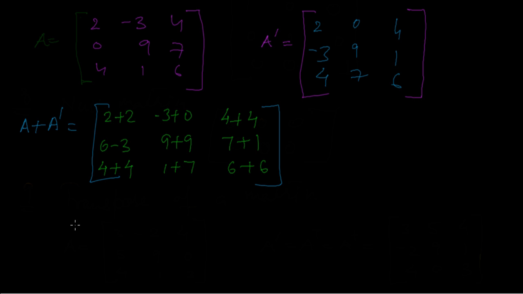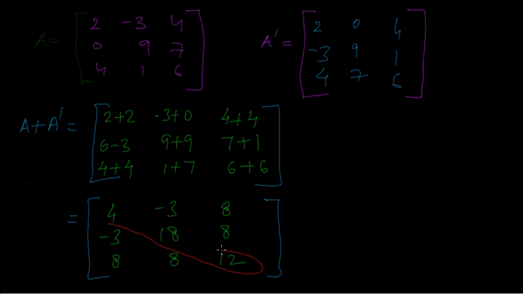So it is equal to 4, -3, 8, -3, 18, 8, 8, 8, 12. You see that this matrix is symmetric about the diagonal: -3, -3, 8, 8, 8, 8.